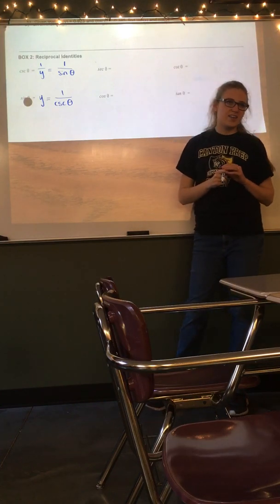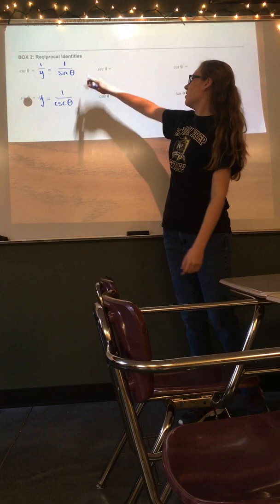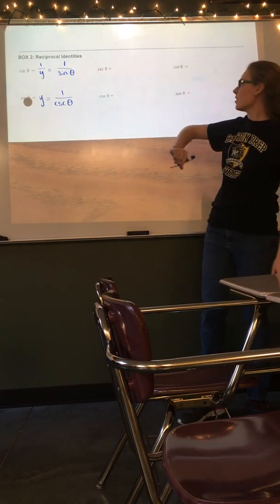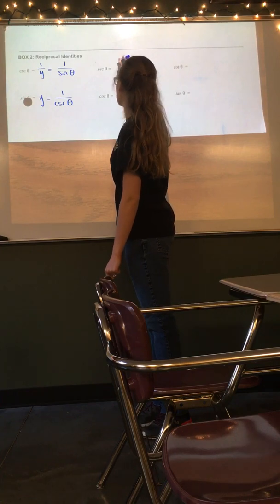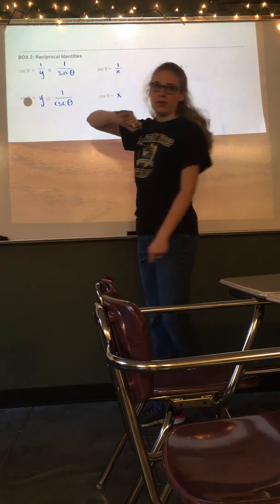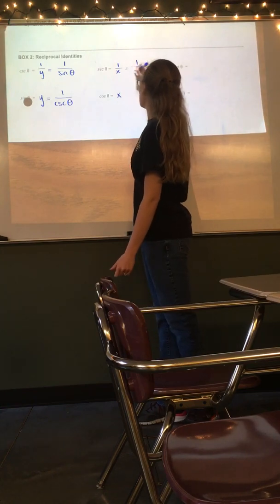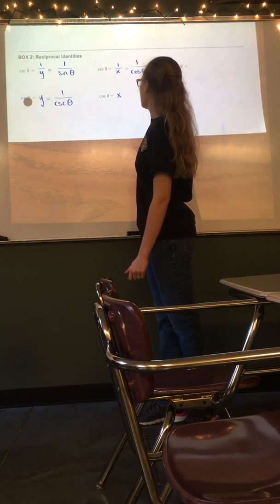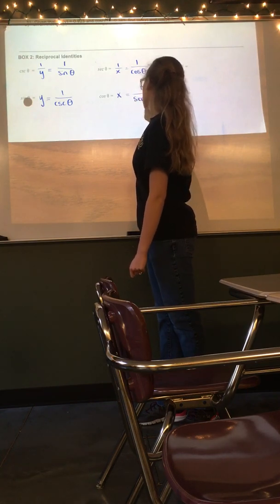You okay with that? Yes. Okay, we should be good. Same thing for secant and cosine. They're a pair. Cosine is x, secant is 1 over x. So they're reciprocals of each other. Secant is the reciprocal of cosine. Cosine is the reciprocal of secant.